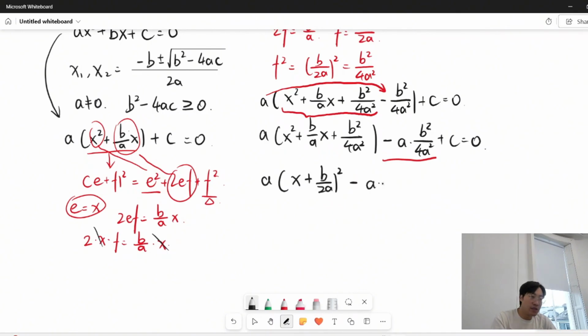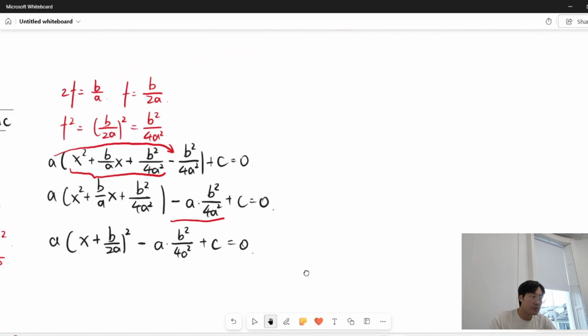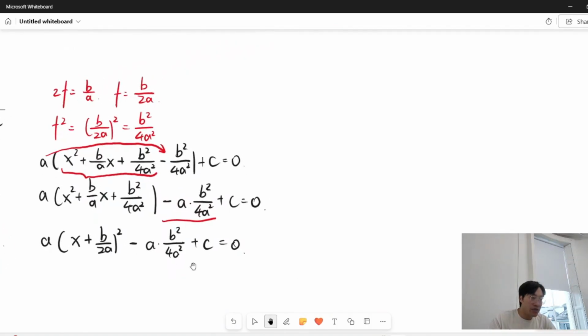And minus a times b squared over 4a squared plus c equals to 0. If we have this formula, things are getting easier now because this one is easier to do. So we simply do this.